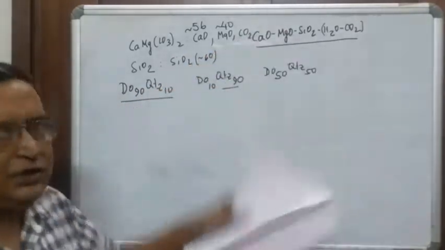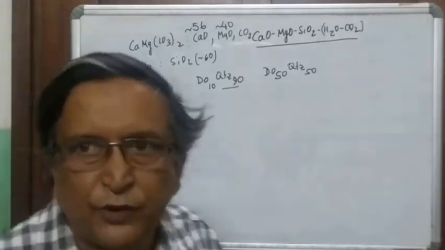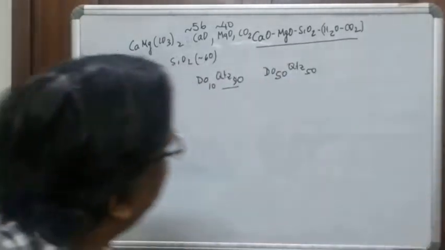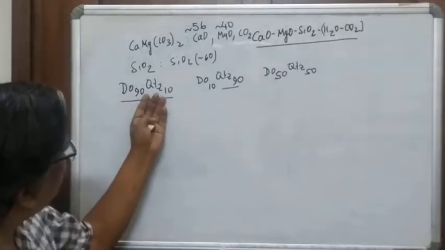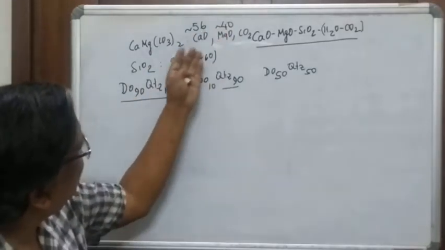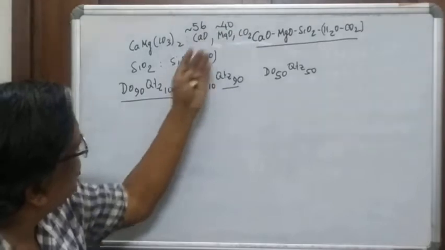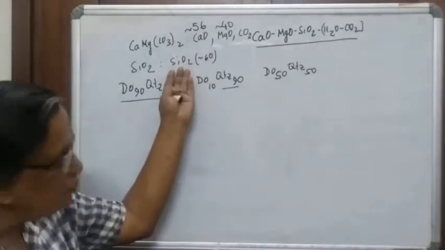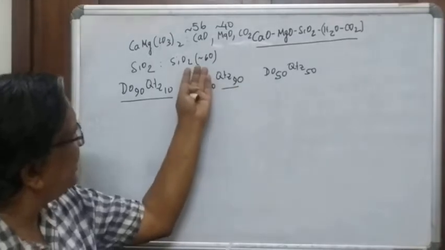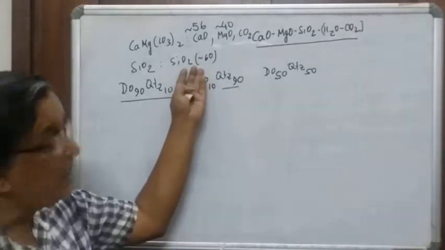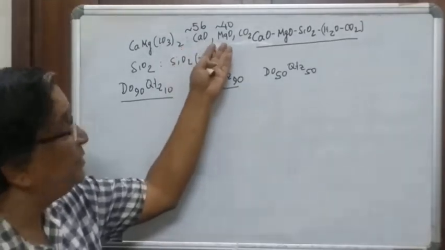Of course, CO2, you know, has a molecular weight of 44. So you can see that when we talk of dolomite 90, quartz 10, then we have a higher amount of CaO, MgO, and less amount of SiO2. And if you are taking dolomite 10, quartz 90, then you are taking a lot of SiO2, and a little bit of CaO and MgO.